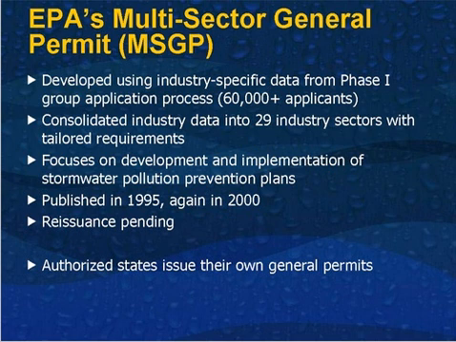We reissued it in 2000, and we public noticed a new version of it at the end of 2005, and it should be reissued soon. And each of the individual states that are authorized have their own industrial permits. Some have the multi-sector permit, and some just have a general industrial permit covering their facilities.